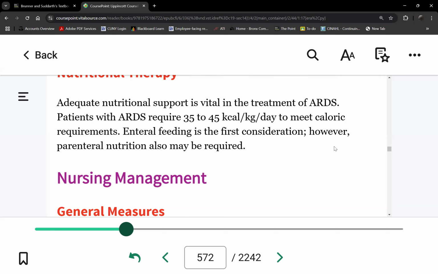So the mortality of ARDS is about 42 to 50%. It was the same mortality before World War II. This is now 2024. Can you compare World War II healthcare to 2024 healthcare? Which one's more advanced? Now, but the mortality did not change for ARDS. We still can't beat this.